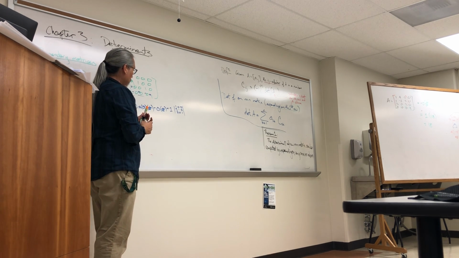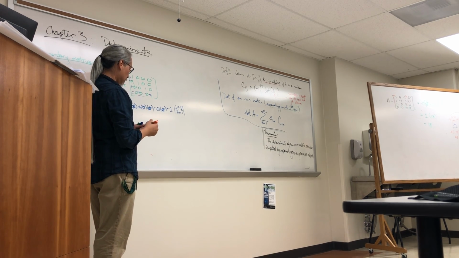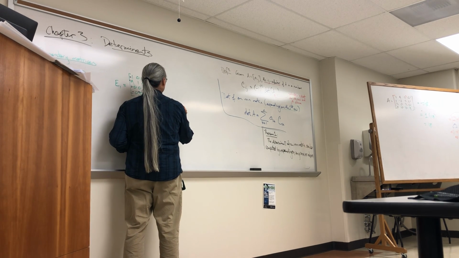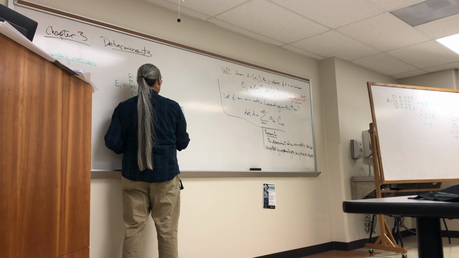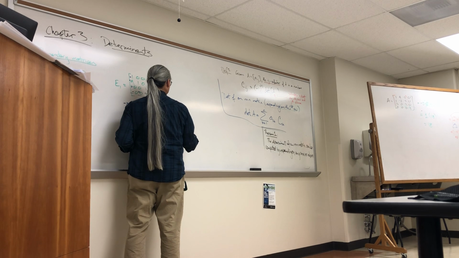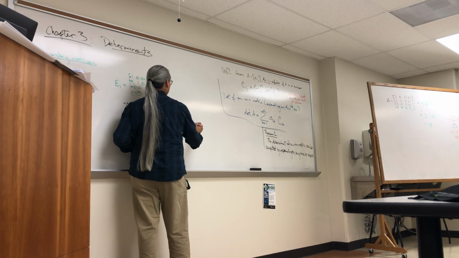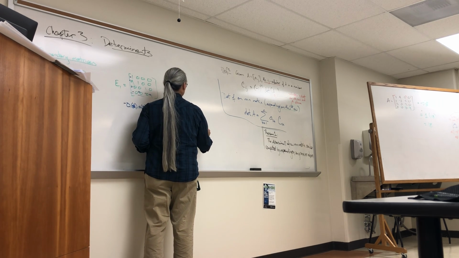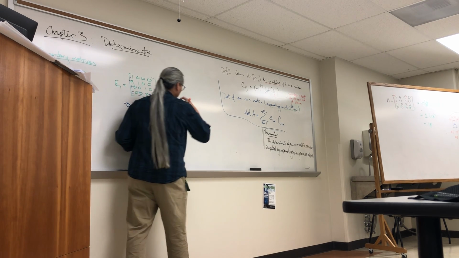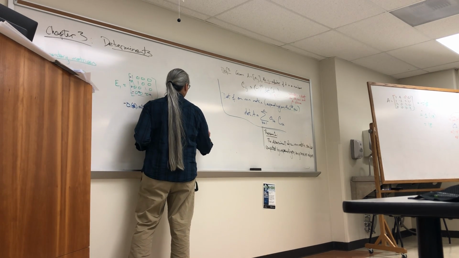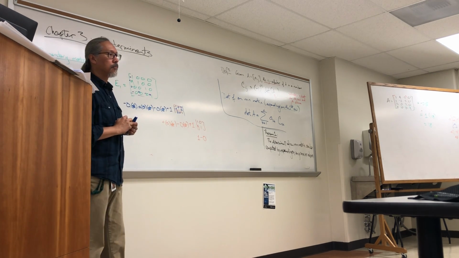Let's expand through first row or last column. Yeah, bottom row again. So we got plus, minus, plus. This time we're starting with a plus. Minus, plus. And then we have a smaller matrix. And what's the determinant of that? 1 minus G times 0, which is 1.